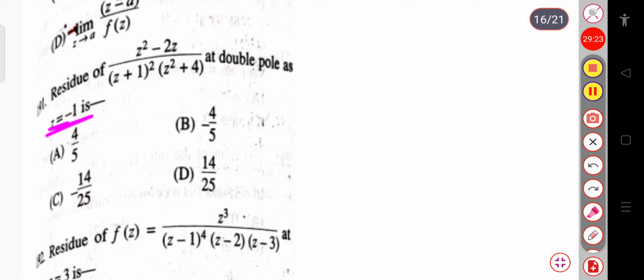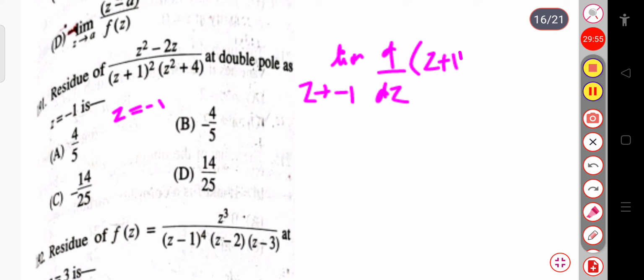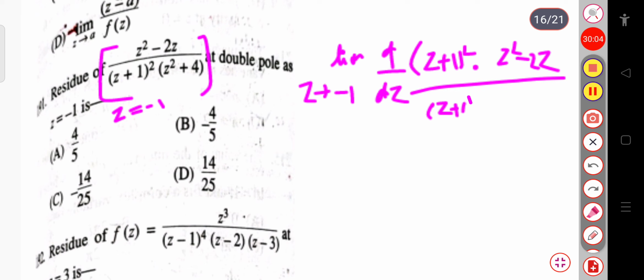Here you can see it is a pole of order 2, that is (z plus 1) square, and when you put z equal to minus 1, the total function goes to infinity. So the residue is the limit as z tends to minus 1 of d by dz of (z plus 1) square into the total function, that is (z square minus 2z) divided by (z plus 1) whole square into (z square plus 4). So this term gets cancelled.